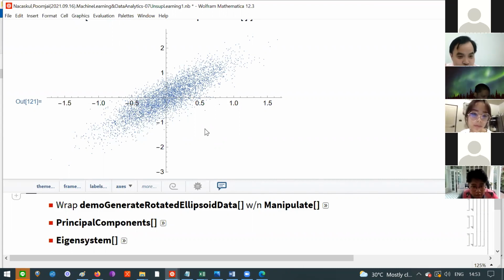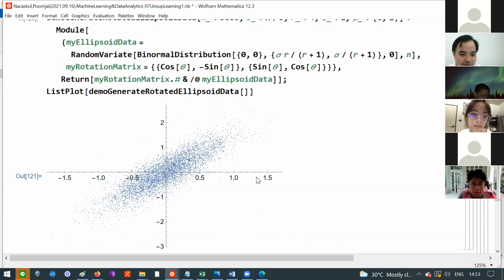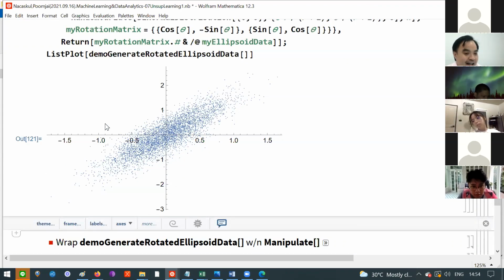This could be a time series, like moving up and down, or could just be some value. Basically, I have 2 random variables, x1 and x2. But if you notice, I'm not exploring all the movement. It seems like x1 and x2 are highly correlated. So the principal component of movement is along this line.